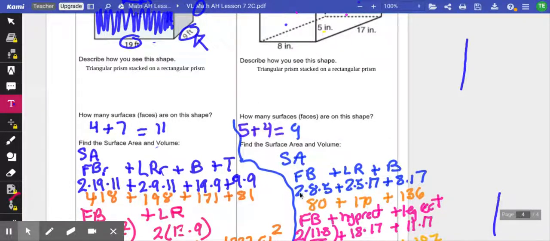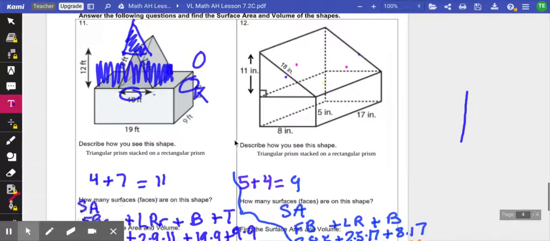There's 2 for the front, back, and they're 8 by 5s. There's 2 for the left, right, and they're 5 by 17s. And there's 1 bottom that is 8 by 17. So the rectangular prism, I've got an 80, a 170, and a 136.